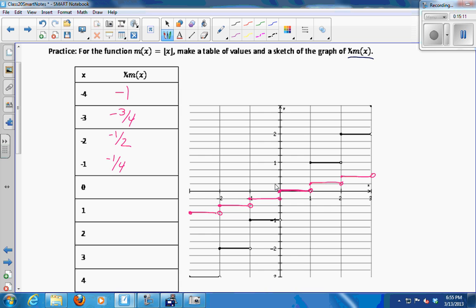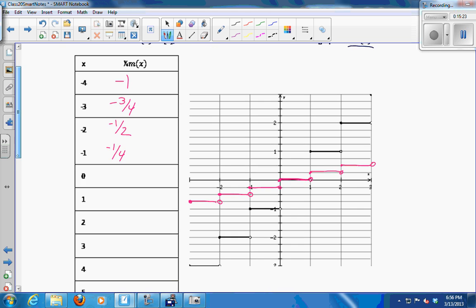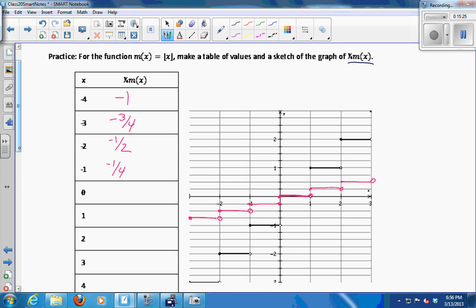So it just means round down. So you don't get rid of negatives. And then my equation for the pink graph here would be y equals 1/4 times the greatest integer function.